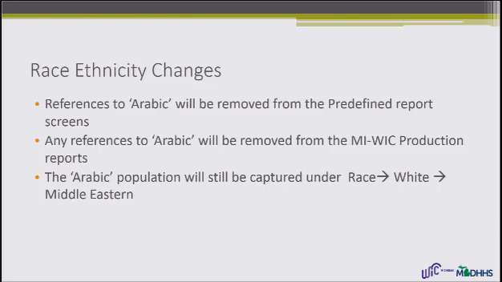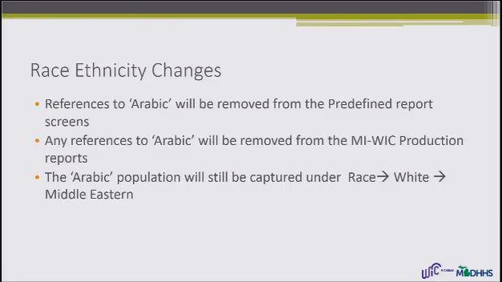Next, we will look at the changes to the predefined report screens. References to Arabic will be removed from the predefined reports screens as well, and in any of the production reports.